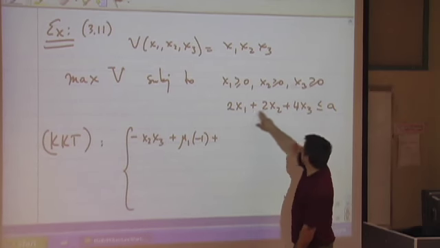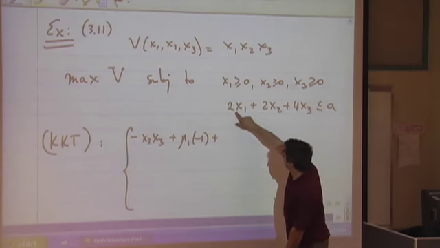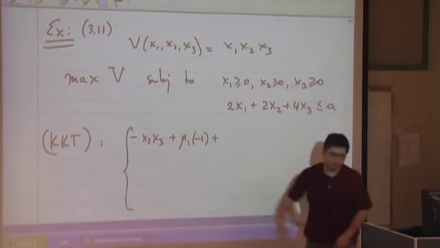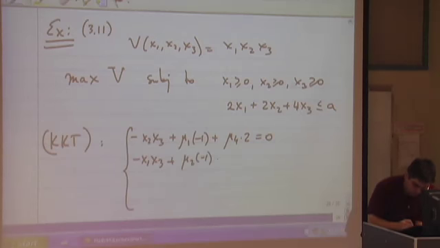So that's it. Plus, and the last one is the right inequality sign, it would be mu4 times 2, equals 0. Minus x1 x3 plus mu2 times negative 1 plus mu4 times 2 equals 0. Minus x1 x2 plus mu3 times negative 1 plus mu4 times 4 equals 0.